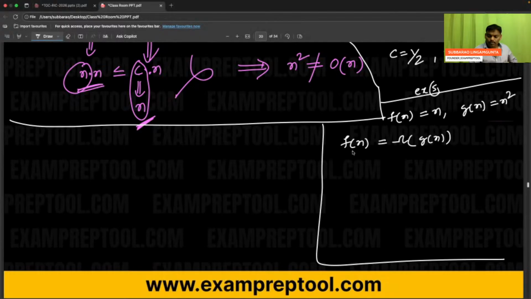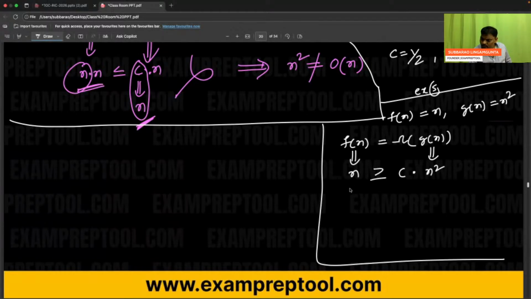If you observe, F of n is n, and G of n is n square. Because omega means greater than or equal to some C into n square. Remember, with the help of C, prove by comparing left and right that left is bigger. Now see the answer.